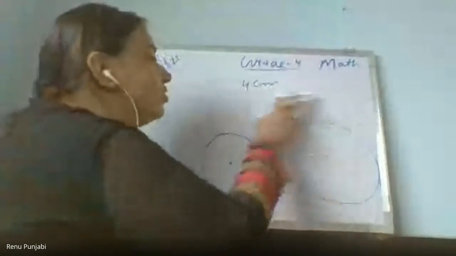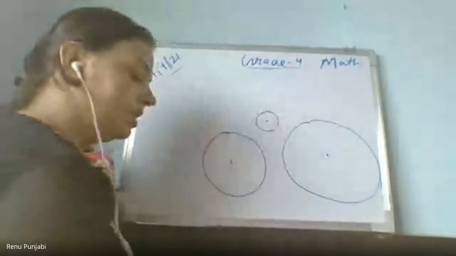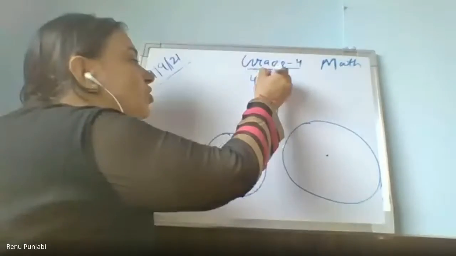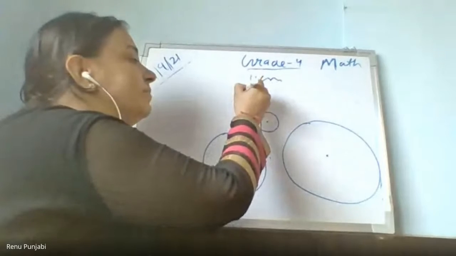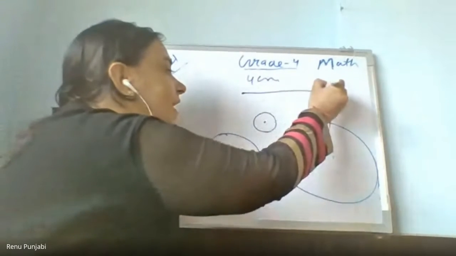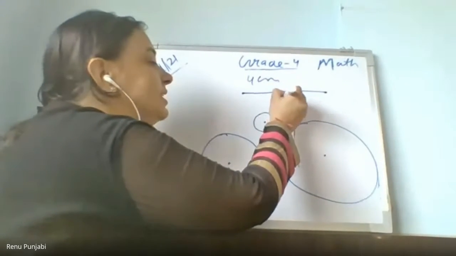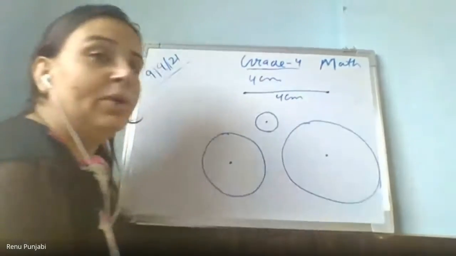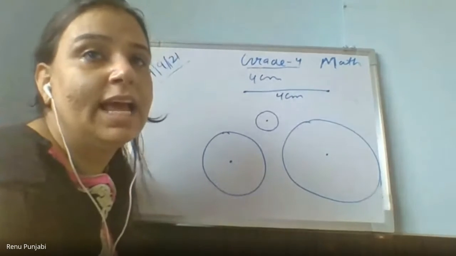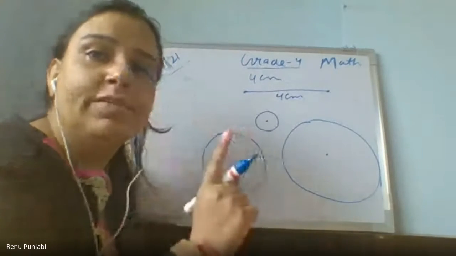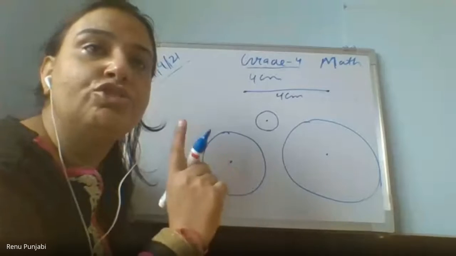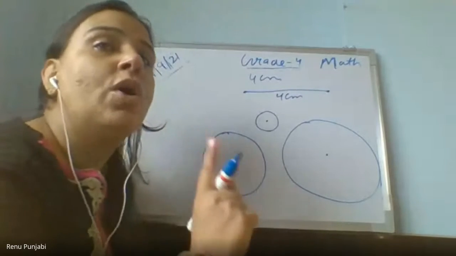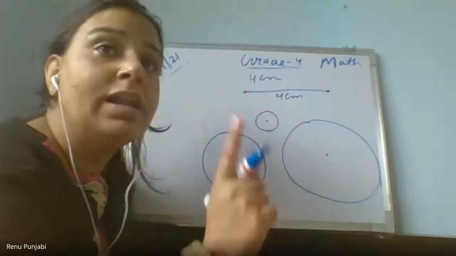But if I say draw a line segment of 4 centimeter, you start from the 1 and end at the 4. Then this is the line segment. Both the sides you will see the end point. Whenever the question comes in the exam, it will only say draw a line segment, not draw a line.